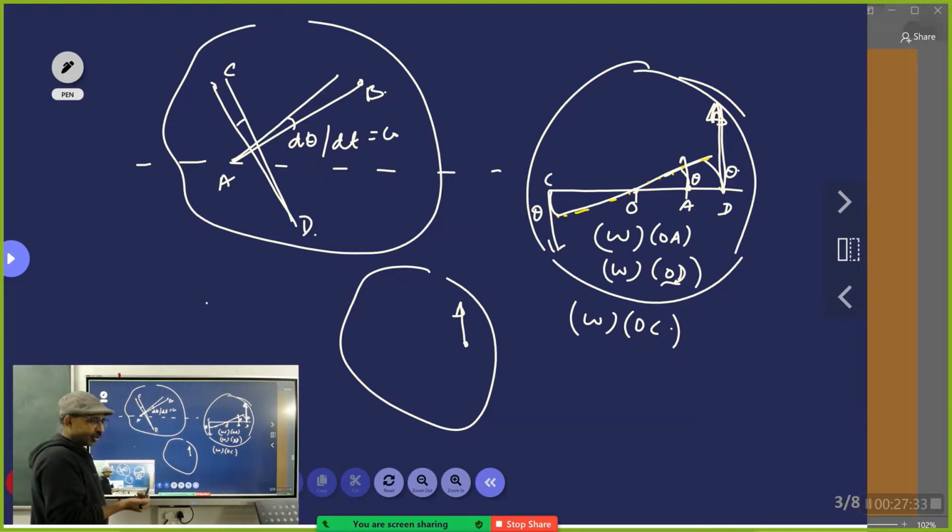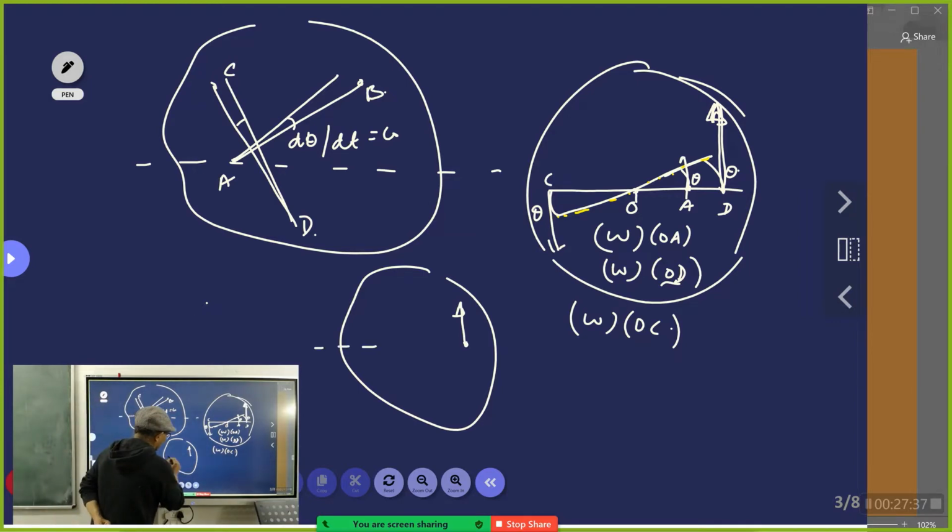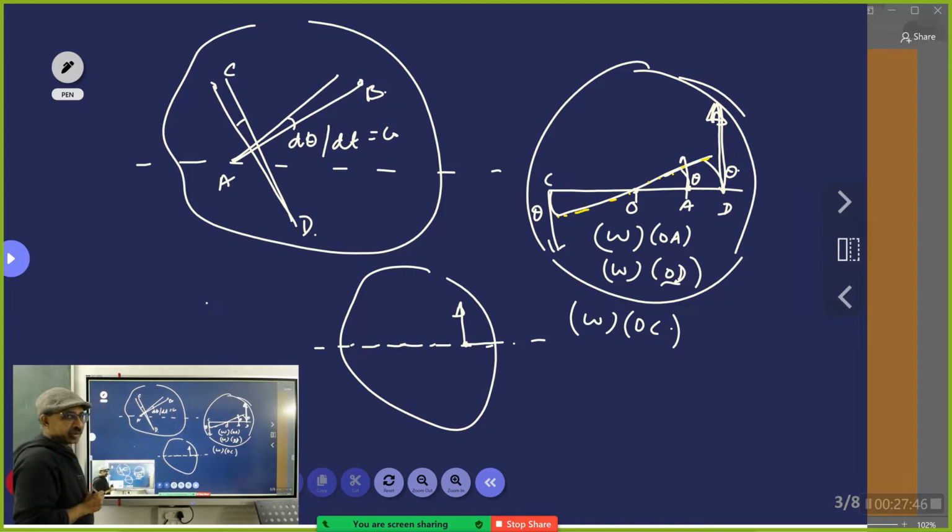One thing is sure: you draw one line perpendicular like this. So the center is somewhere on that line. You don't know where it is.